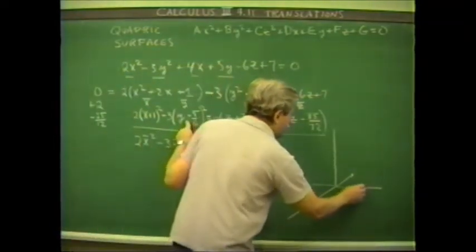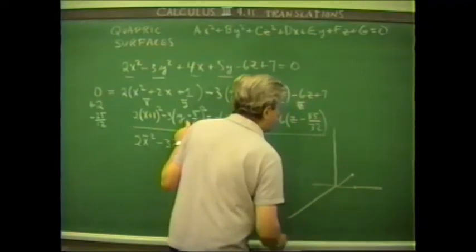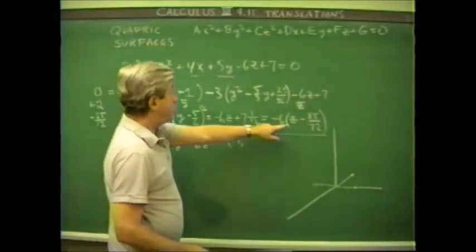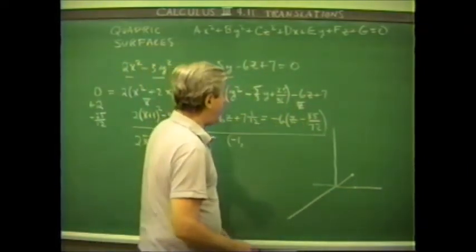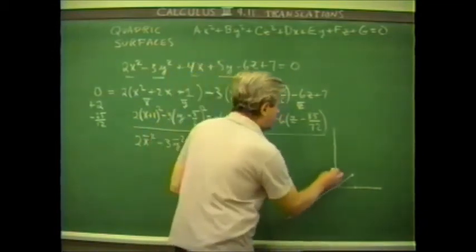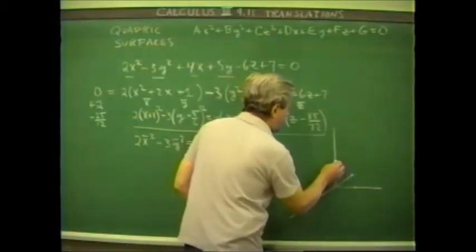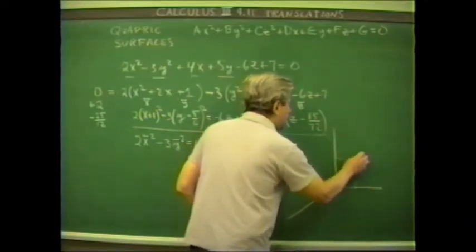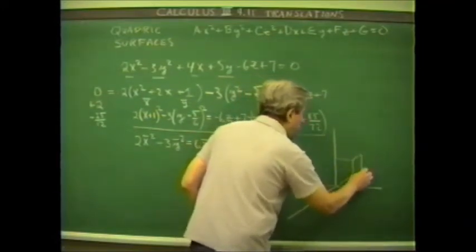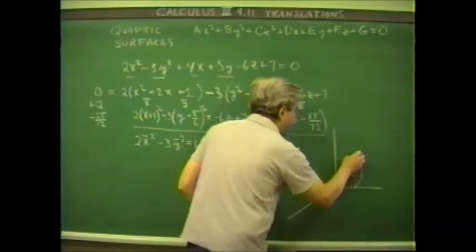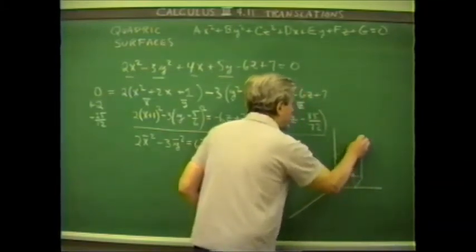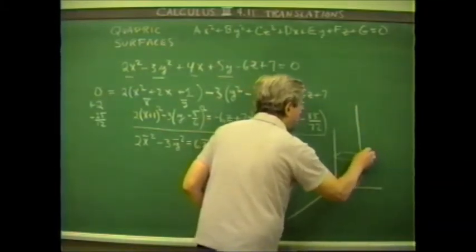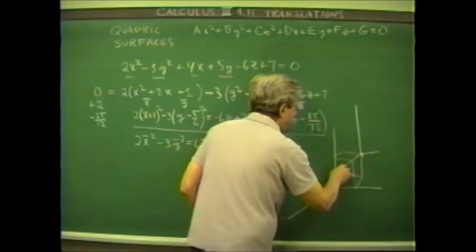So y equals 5/6. And z bar is equal to 0 when z is equal to 85/72. So that's a little more than 1. So up here, the center of this coordinate system then is located over here. We then have a new coordinate system like so, with this as the center.